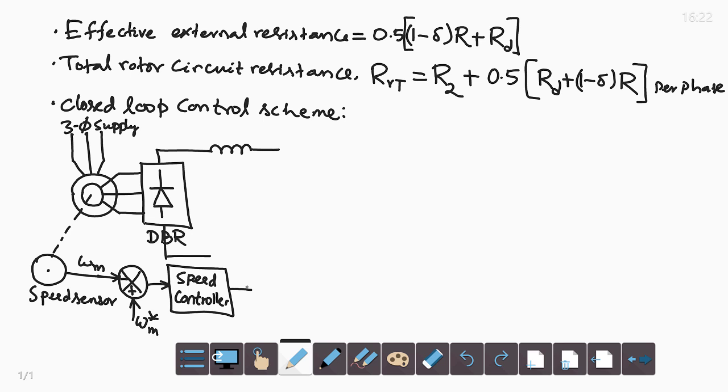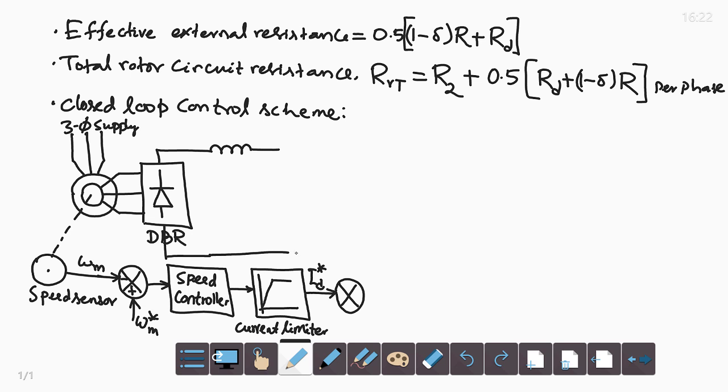and speed controller output has to be the current reference, and in this case DC link current reference, but before there should be a current limit control. This is the current limiter, and output of this is the reference current I d star for the DC link. And the actual DC link current is subtracted from the reference current.